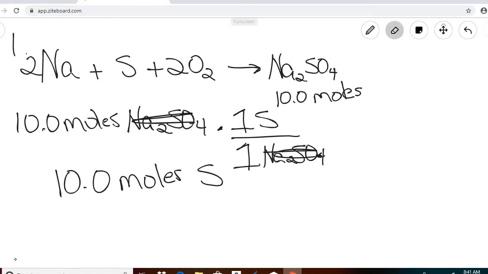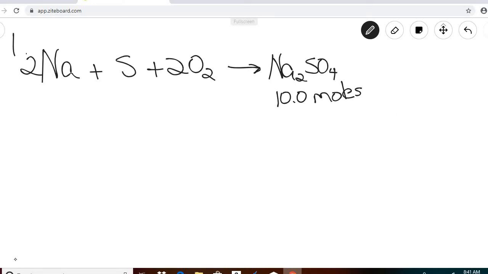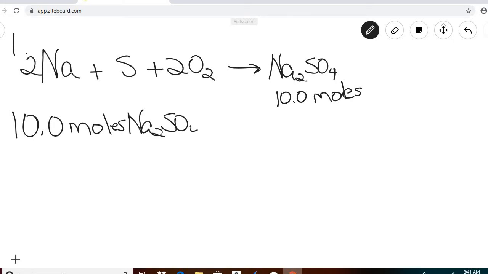Okay, so let's go ahead and erase that. And then part C, we want to know how much oxygen will be used. How much oxygen will be needed to make 10 moles of sodium sulfate. So again, 10 moles of Na2SO4. And for oxygen, there are 2 oxygens for each 1 Na2SO4.